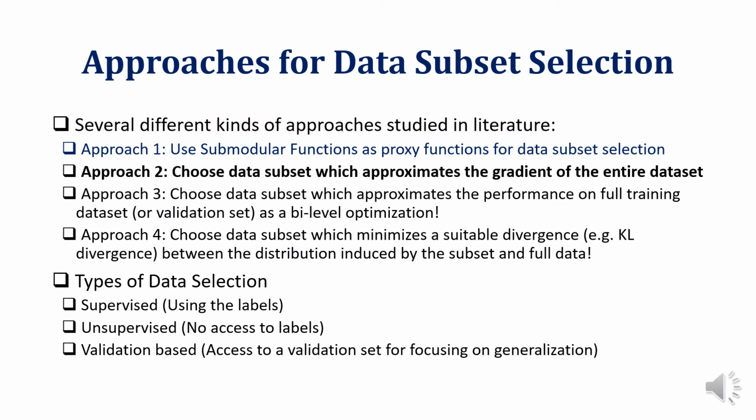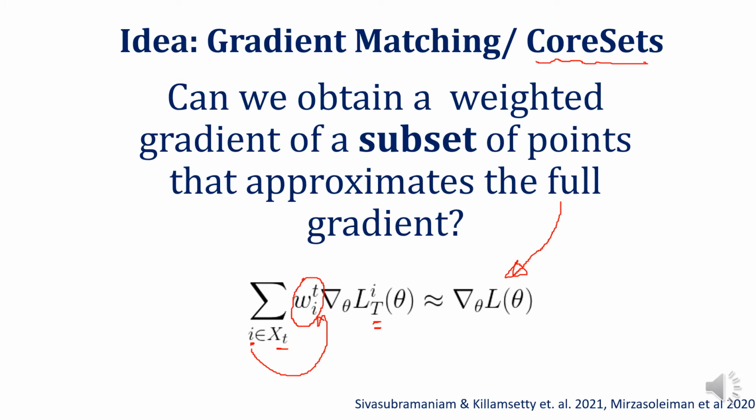Here we try and choose a data subset which approximates the gradient of the entire data set. In this, we also factor in weights. So let's say a subset X_T has a point i with weight w_i^T. The gradient of the loss corresponding to the ith point is the gradient of l_i.